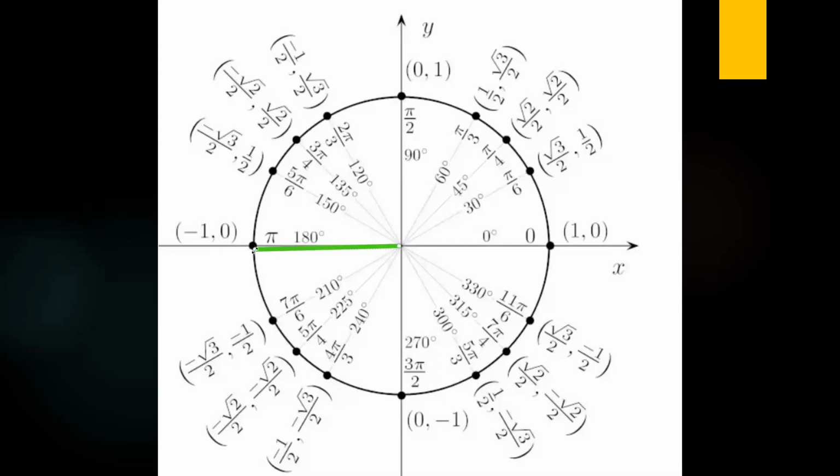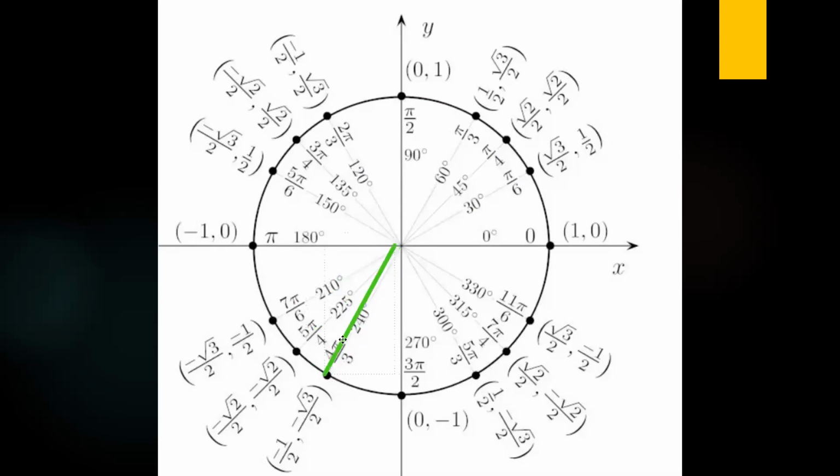Then here, 210 in radians is 7 pi over 6. As you see, both cosine and sine are negative: negative half is its sine, and negative square root of 3 over 2 is its cosine. Here we have 225, which is 5 pi over 4. Here is 240. As you see, the numbers for angle 240, without the signs, are half and square root of 3 over 2.